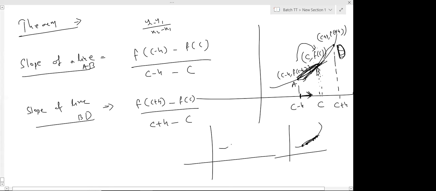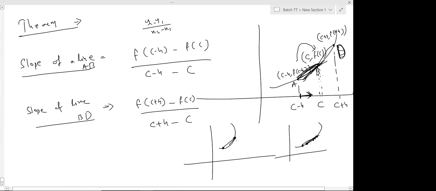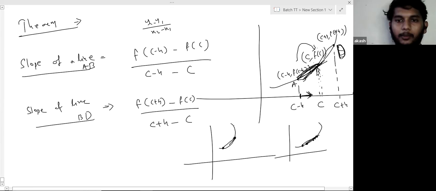Could you repeat, sir? Suppose this is the point and this is the point. If I draw this is the line. If the point becomes closer, then the line becomes like this. Right, Sahel? Right, sir. So if two points are very close, one point is here, one point is very close, and if you join a line through these two, then the line will become a tangent.